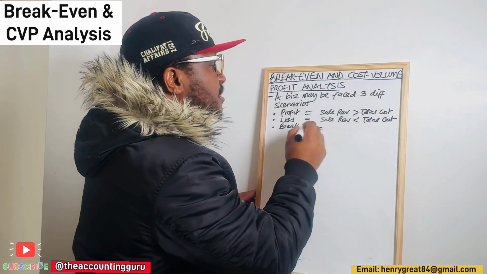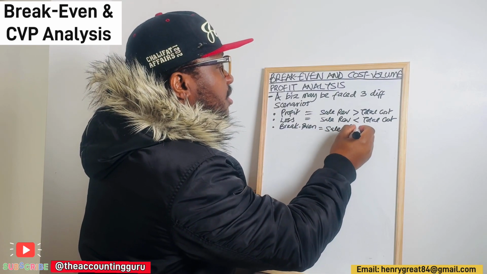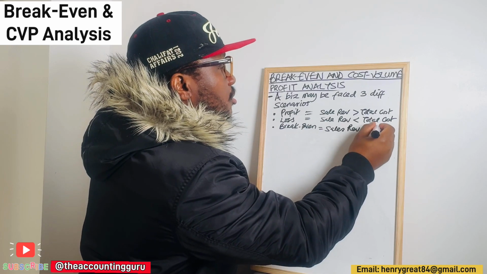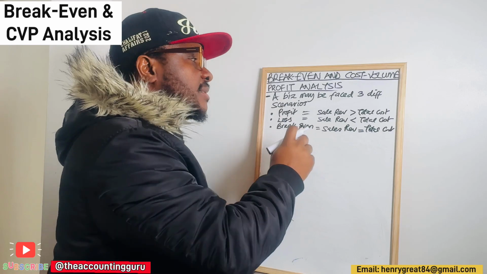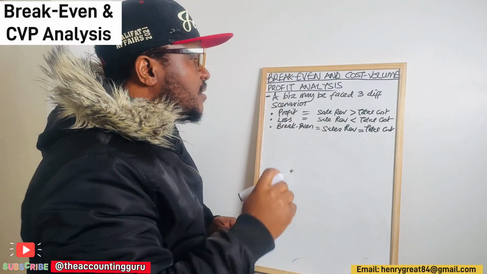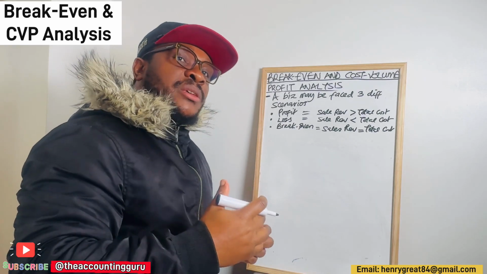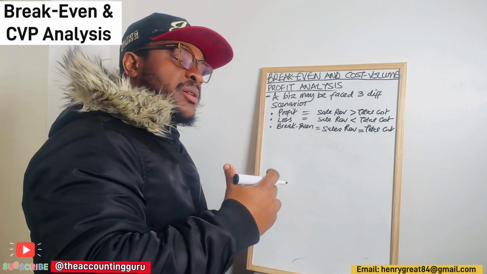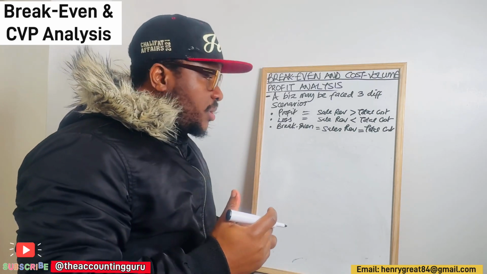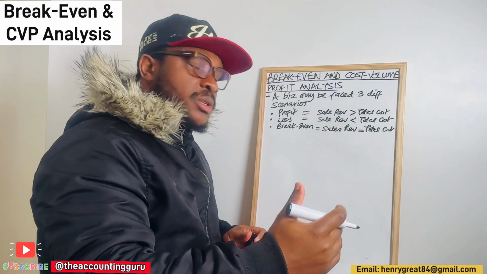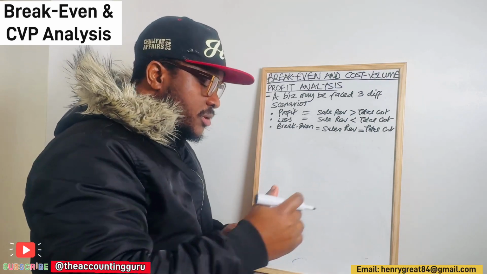A break-even scenario means that sales revenue is equal to total cost. It means that at break-even point, total revenue equates total cost. Break-even point is that equilibrium point where sales revenue is equal to total cost.